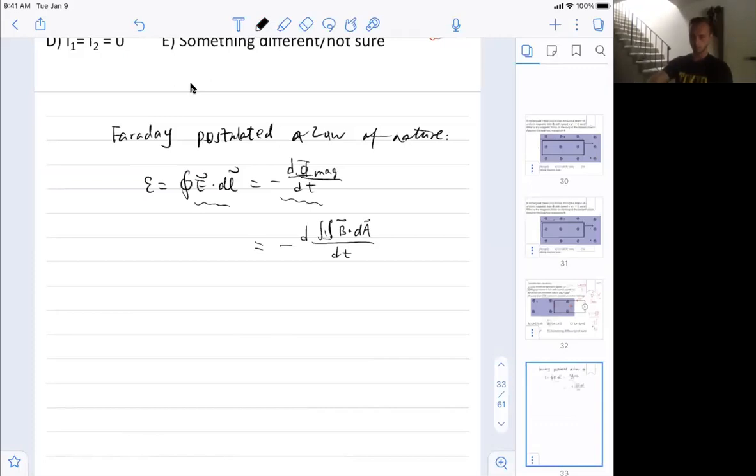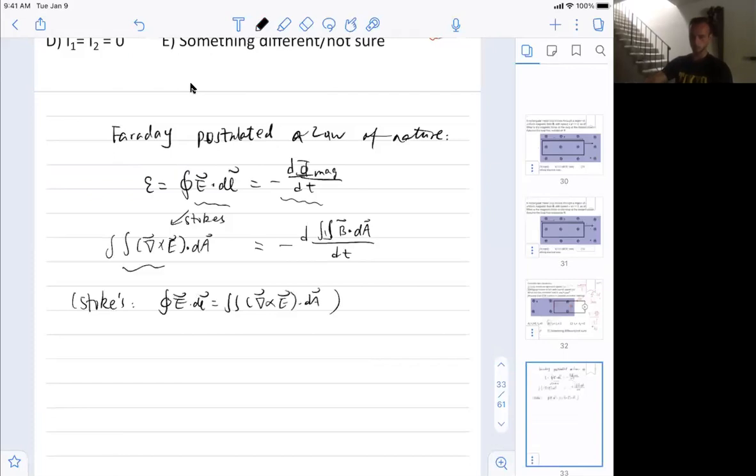On the left-hand side, I can use Stokes' theorem. I can rewrite my line integral using the curl of E dot dA, because according to Stokes, the integral of E dot dl is equal to the integral of the curl of E dot dA.